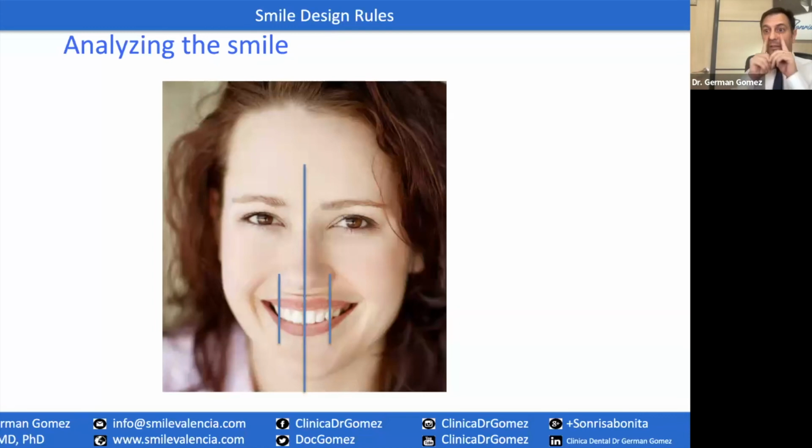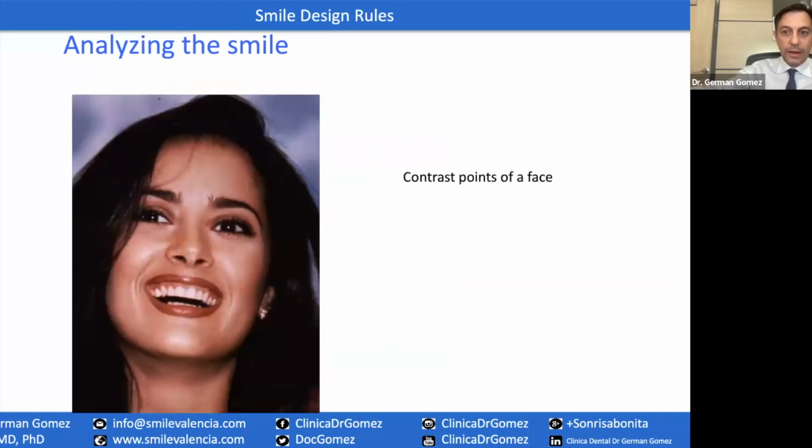One of these rules is that when the patient smiles, usually the canines are in the area of the wings of the nose. Then the contrast points, where people usually look when they look at a person, are the eyes, the corners of the eyes, the canines and the corner of the lip.